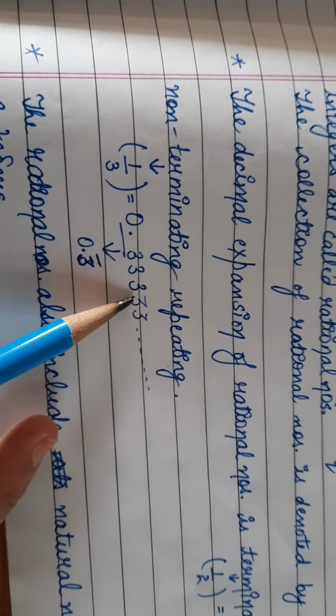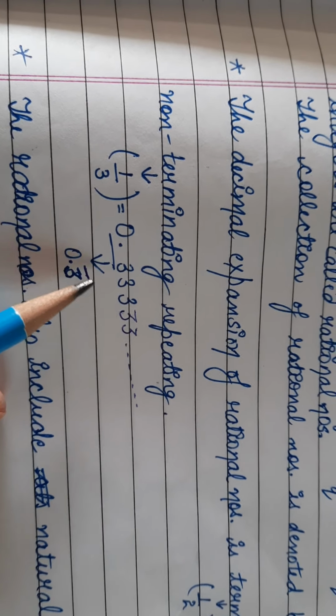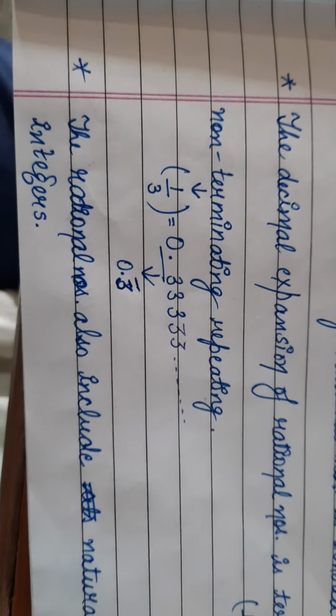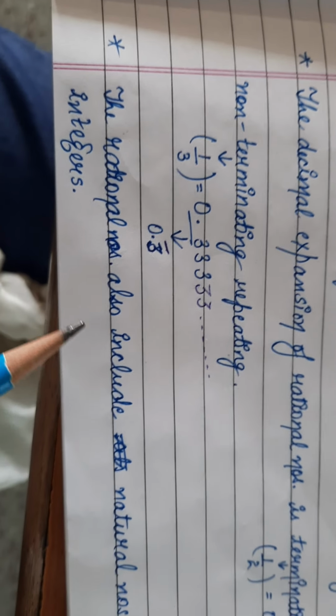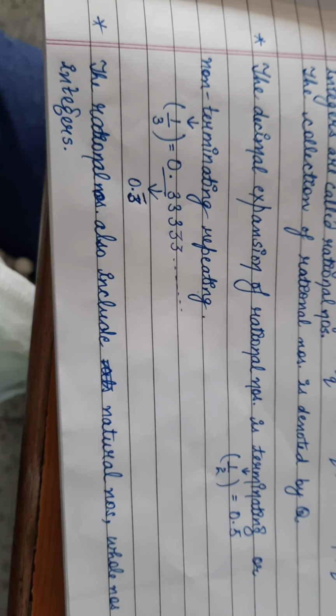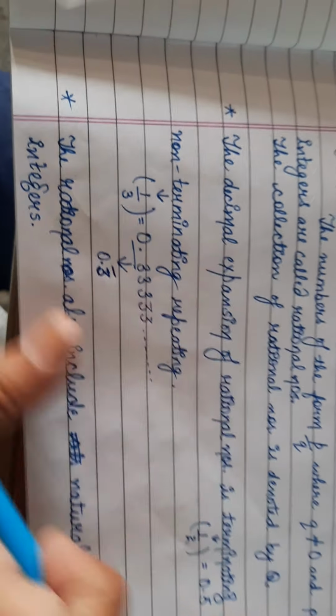You can represent this as 0.3 bar. This bar means this 3 goes on repeating. Next, the rationals also include natural numbers, whole numbers and integers.